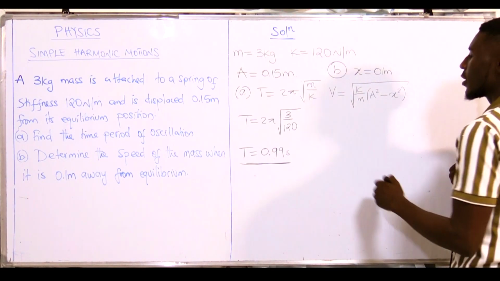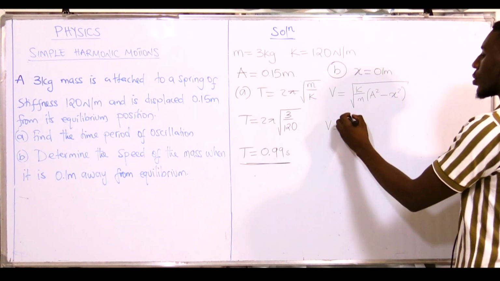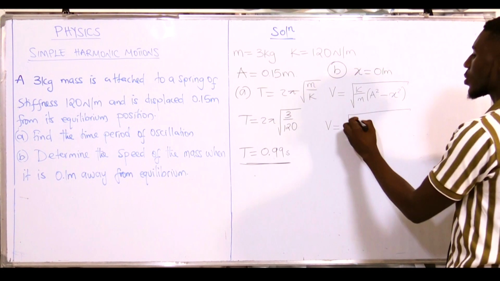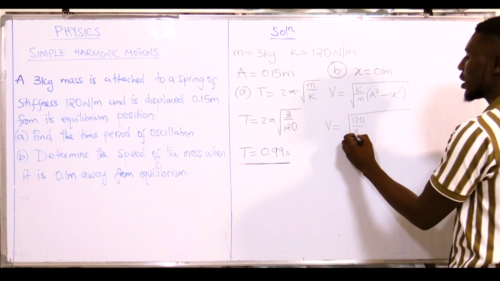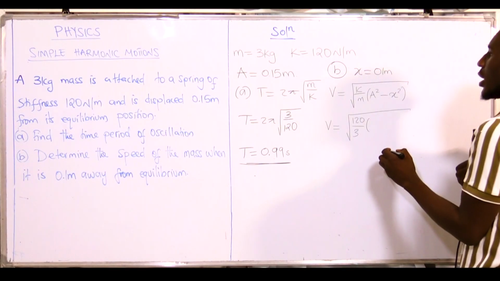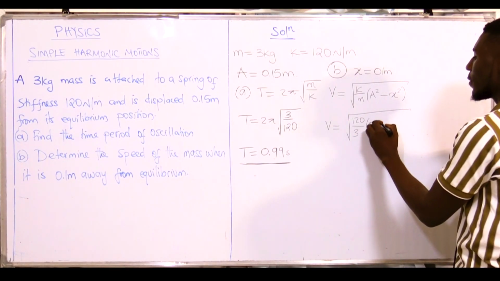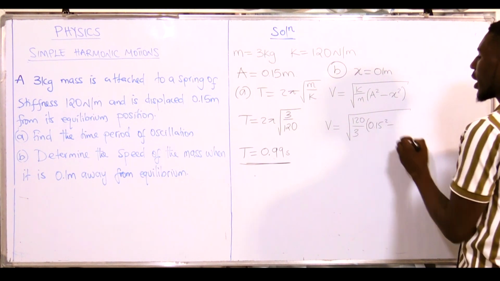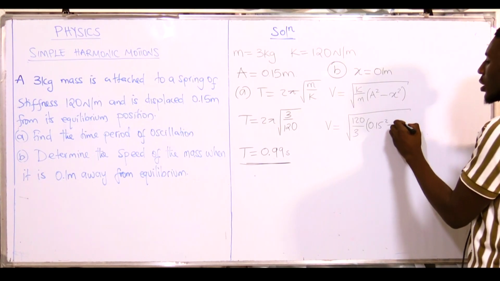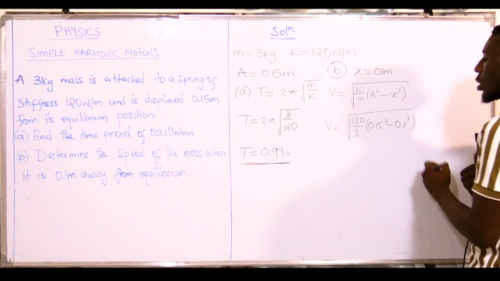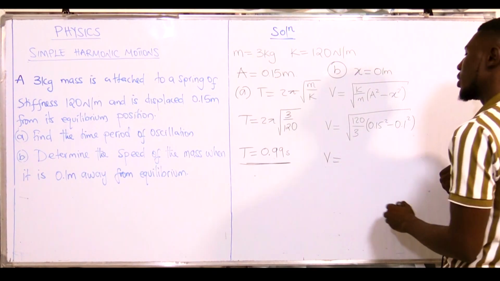Then now we substitute the values, so we get v equal to square root of k, which is 120, divided by m, which is 3 kgs, times A, being the amplitude, which we have as 0.15, squared, minus x, which is 0.1, squared.